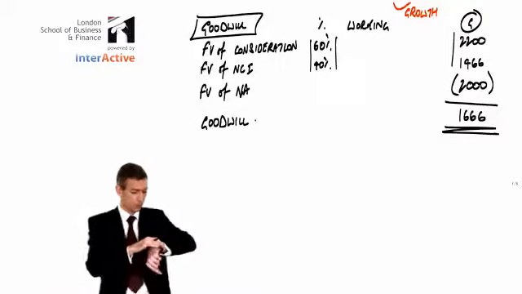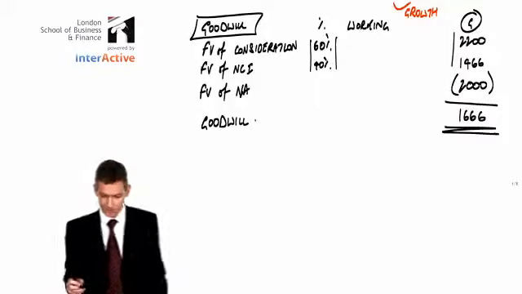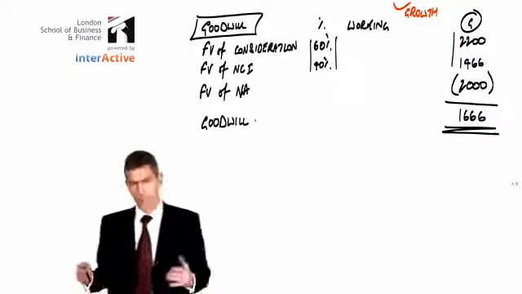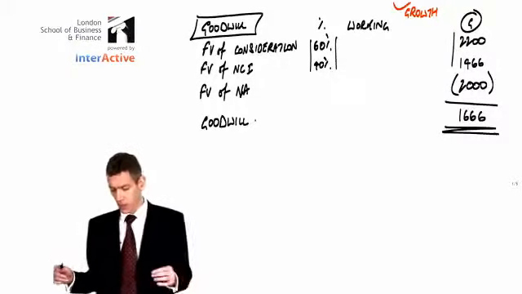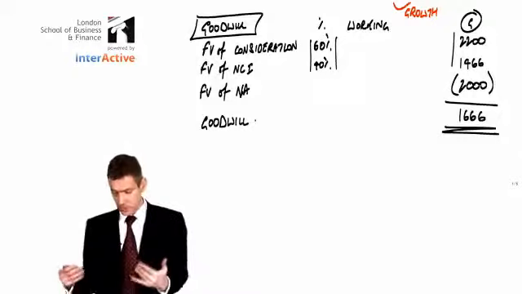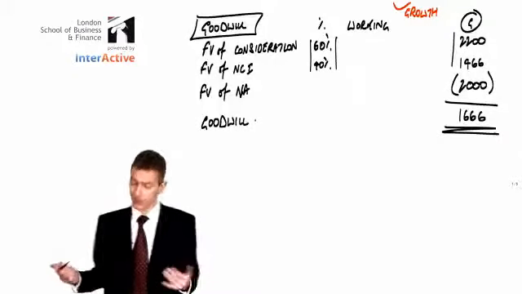I'm just going to check my watch, see how I'm doing for time. Not too bad. So obviously we can do the income statement first, or we can do the balance sheet first. It doesn't really matter which. As soon as I've got the goodwill, I tend to want to put it on the balance sheet, so I'm going to do the balance sheet next.